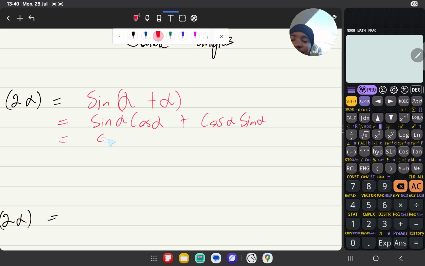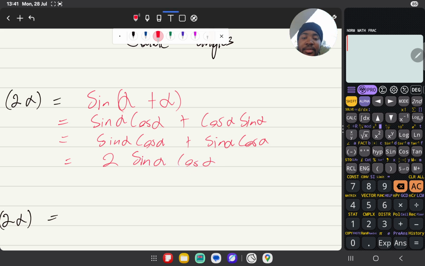And then you can just group it or structure it nicely. It's a multiplication, meaning you can also write it as 2 sine alpha cos alpha, right?